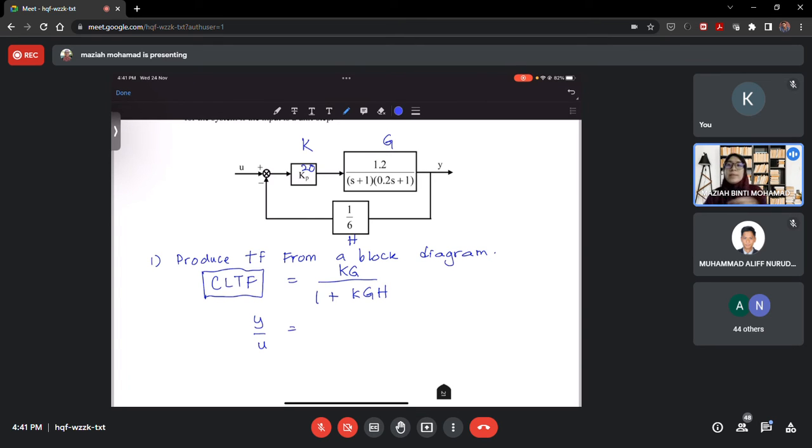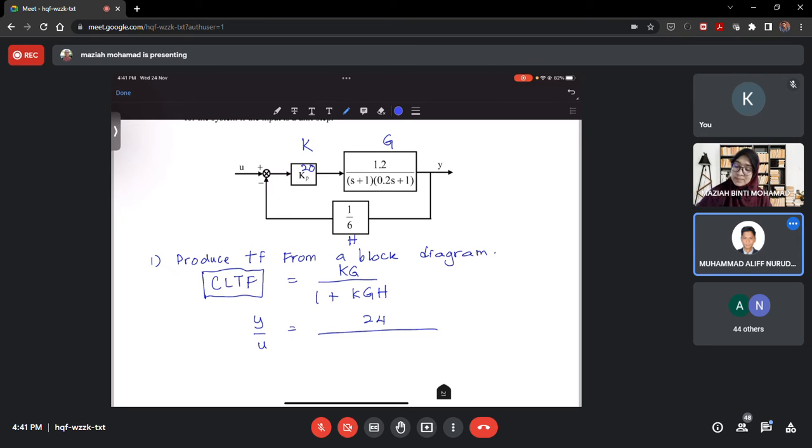All right, anyone? 24 over 24 over 4 square, and 4 plus 4 plus 1.